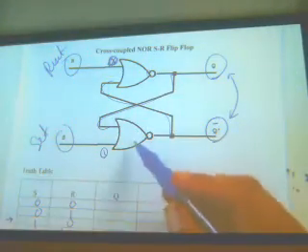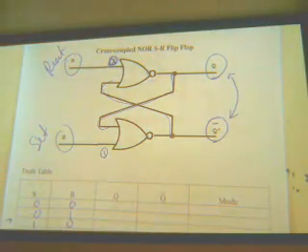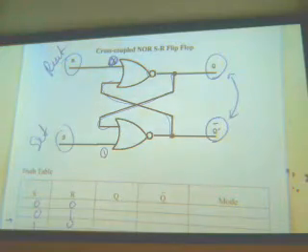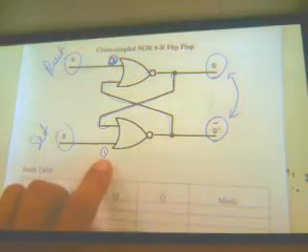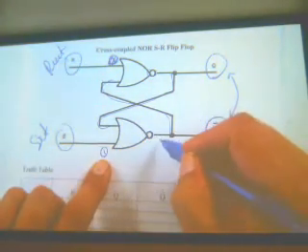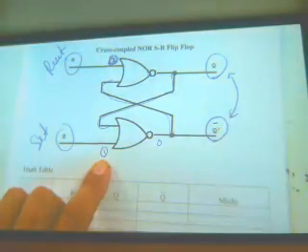Now, this is an OR gate, right? Anytime an OR gate has a 1, what's the output of the OR gate? Or NOR, 0. That's right. It's a NOR, so it's 0, right? So if this guy is going to get a 1 in, this has to be a 0, correct?